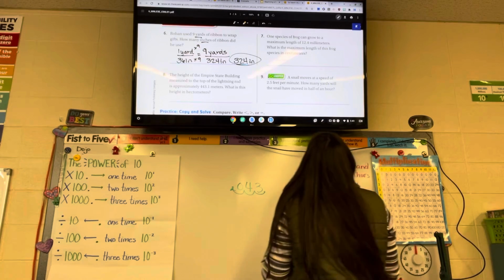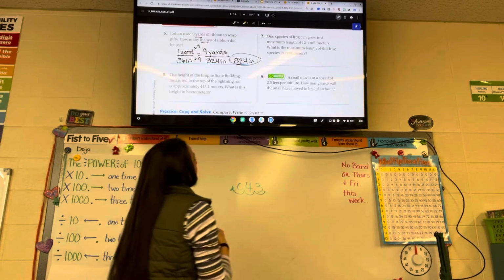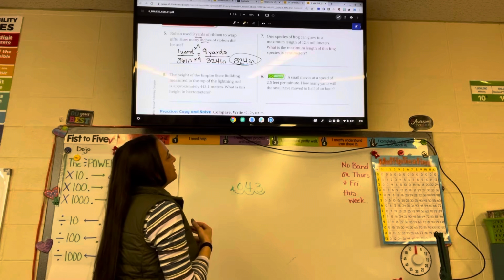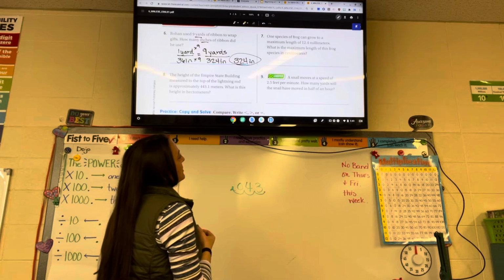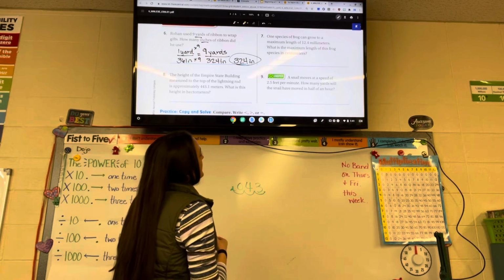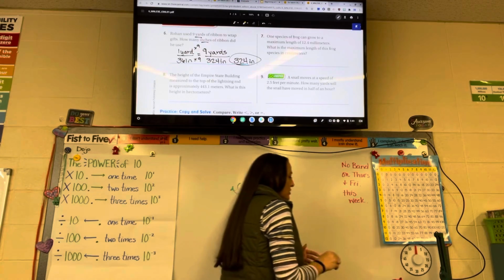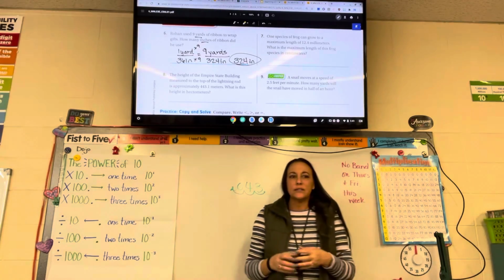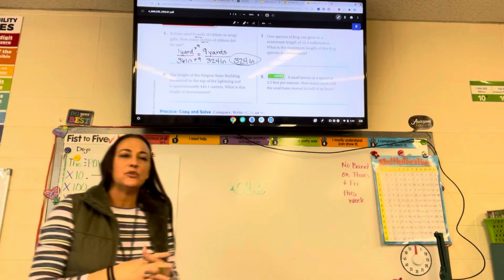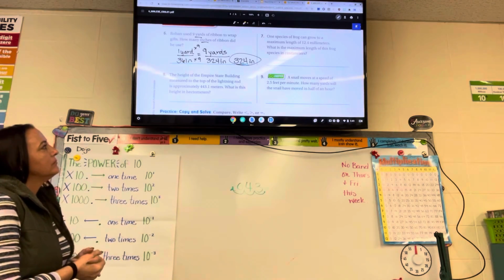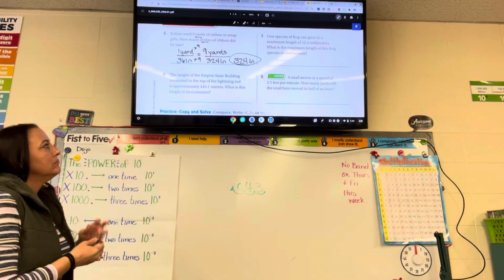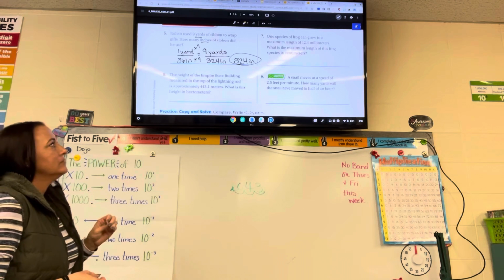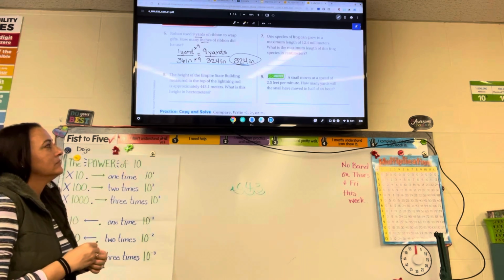One species of frog can grow to a maximum length of 12 and 4/10 millimeters. What is the maximum length of this frog species in centimeters? So we're going from what to what? Jenna, we're going from what to what? Millimeters to centimeters. Good.